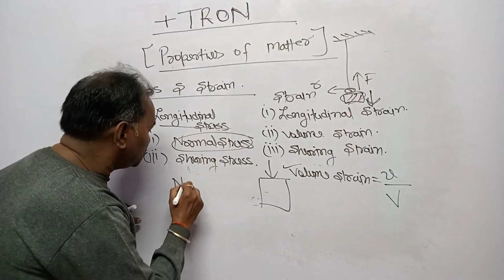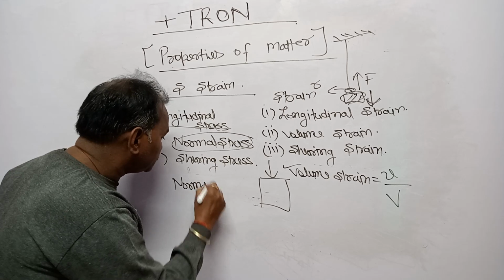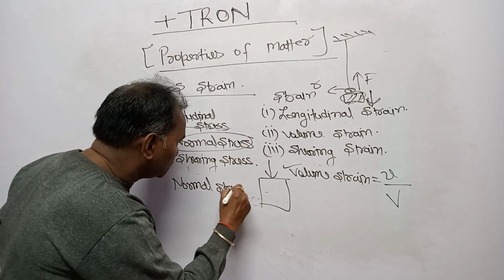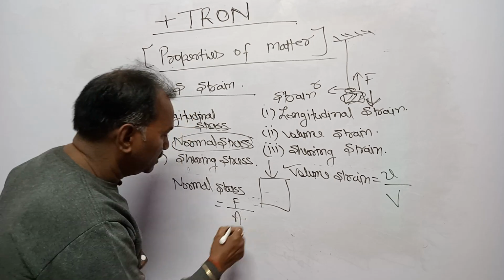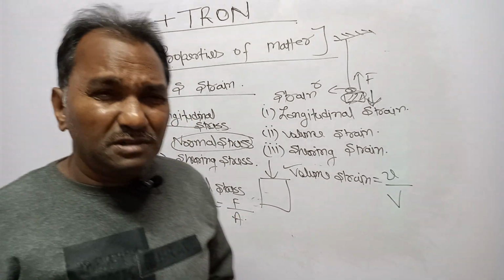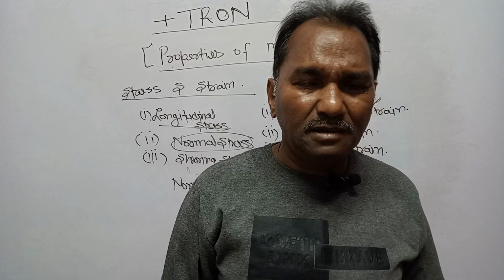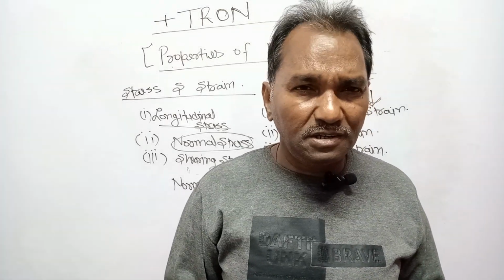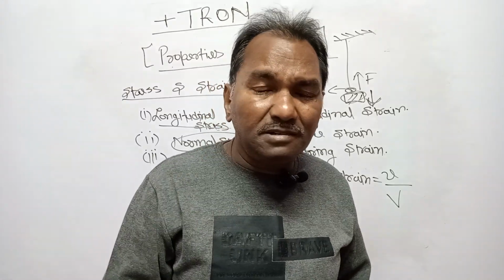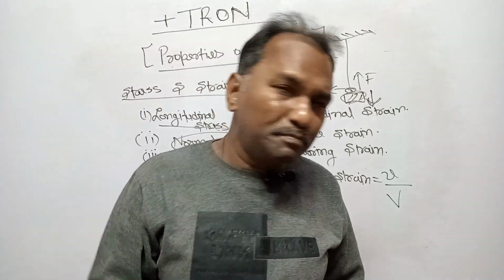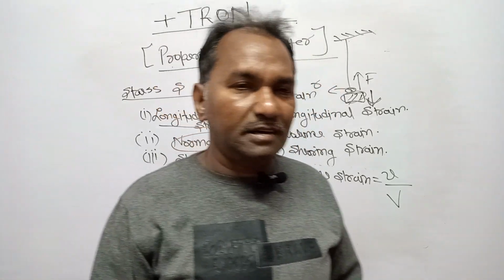Normal stress is what? Dear students, normal stress is equal to force upon area. You know that pressure is defined as the normal force acting per unit area. In pressure, the direction is predefined. That is why it is a scalar.